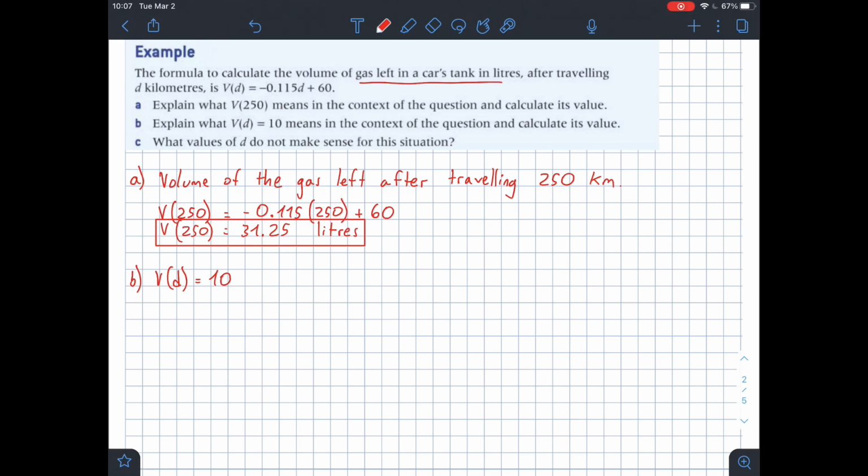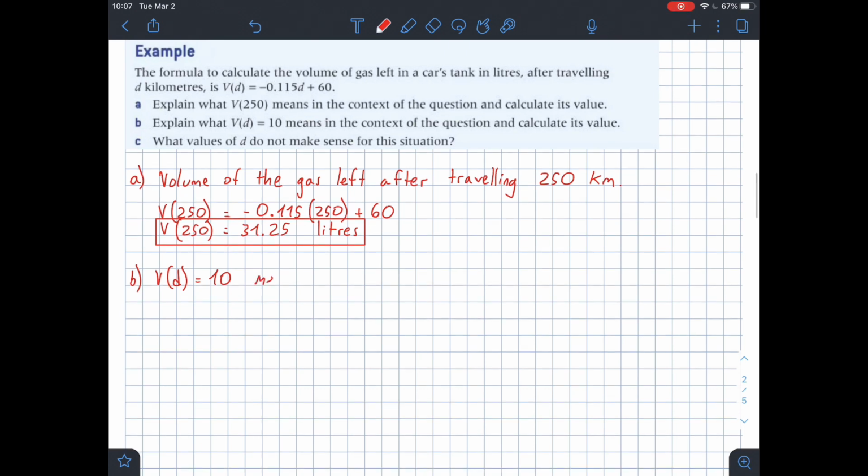And what I'm going to be calculating is the distance I have covered in order to only have 10 liters left in my tank. So this means that I only have 10 liters of gas left in the car's tank.